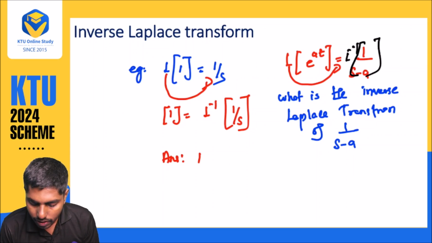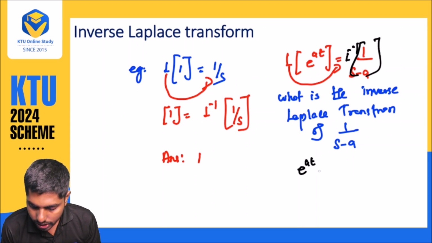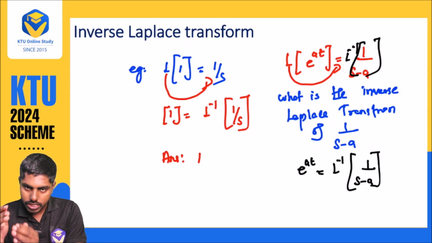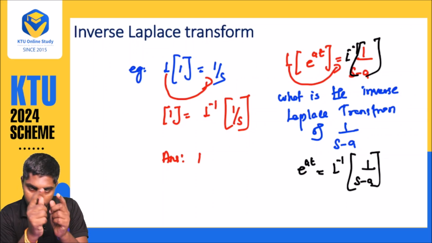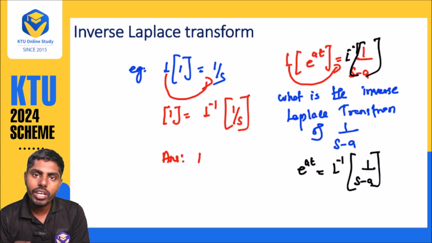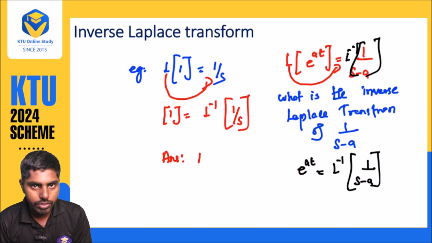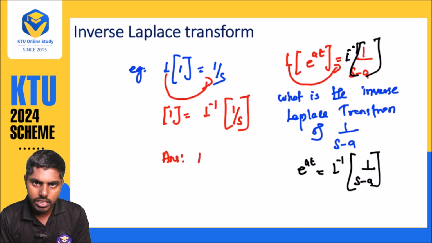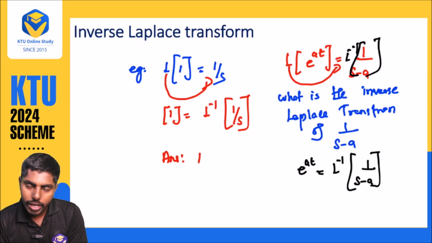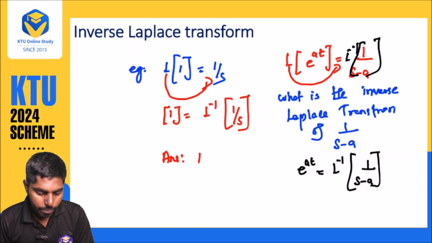So what is our answer? Our answer is e power at. e power at is equal to L inverse of 1 divided by x minus a. Taking the inverse, that is taking the L to the opposite direction, you will get your L inverse. So knowing a single formula is sufficient to know the inverse. Studying a few things thoroughly, you can manage the other formulas. Okay. So now these are the basics.